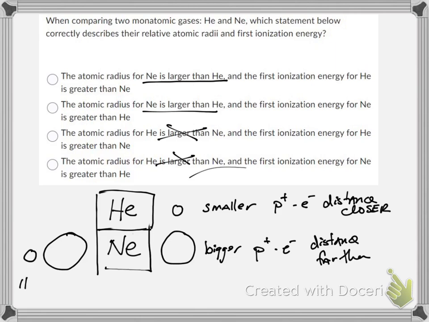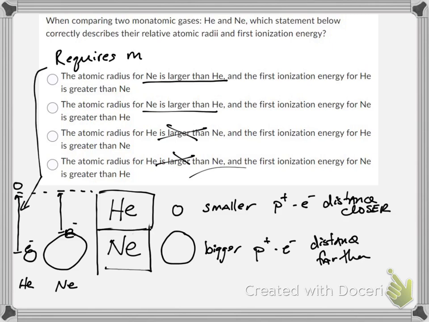The way size relates to that is, as we discussed in class, you could think of the farther the proton and electron are, the lower the amount of energy required to remove it. So since helium's electron is much closer to the nucleus, it takes much more energy to remove that electron, right?